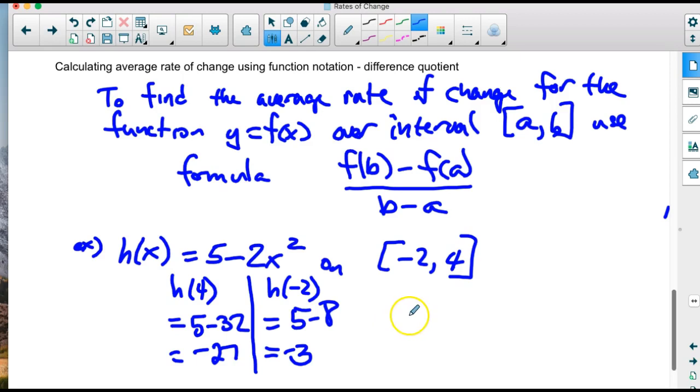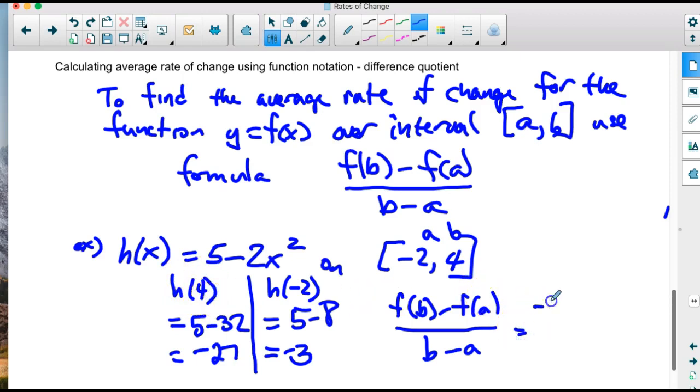Okay, so my formula here, f of b minus f of a over b minus a, we're going to go a and b here. This is a and b. So b is 4, so this is f of b right here. So we put in -27 for this value, minus f of a, which is this value, so that's minus -3.